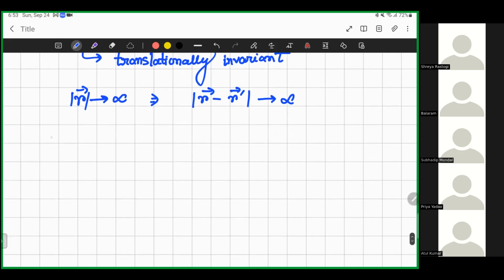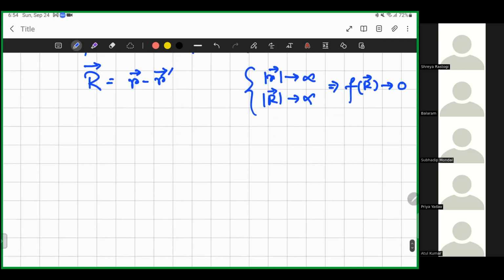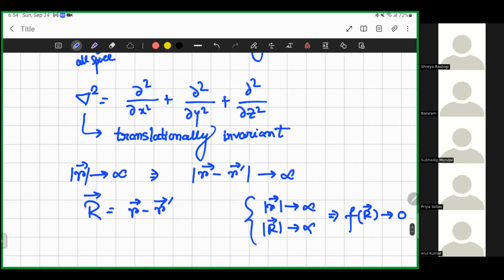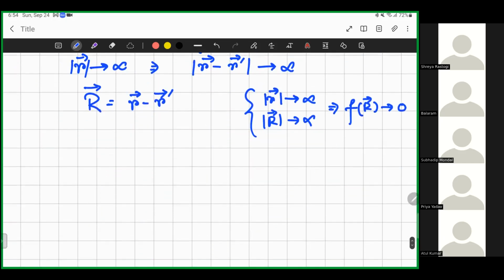If we define capital R by this, then when r tends to infinity, this R also tends to infinity, and under this limit f also tends to 0. So we can replace r here by capital R.